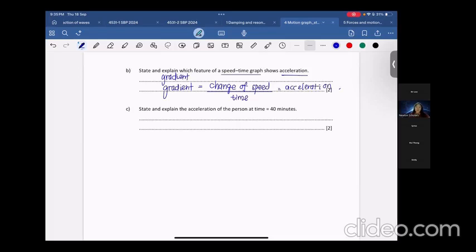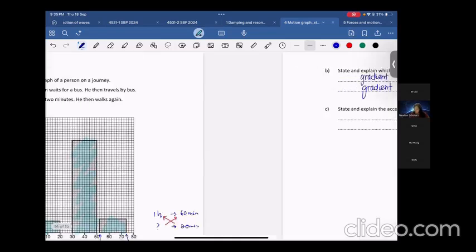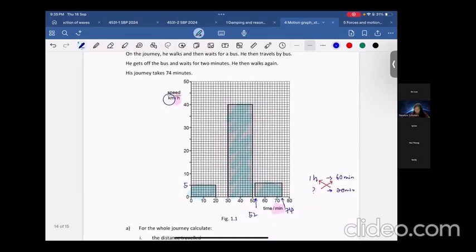Last question. Somebody try to answer me. State and explain the acceleration of the person at time 40 minutes. At time 40 minutes is somewhere here. 40 minutes at here. What is the acceleration? Boys and girls, any of you can help me to answer this. At 40 minutes, what is the acceleration?